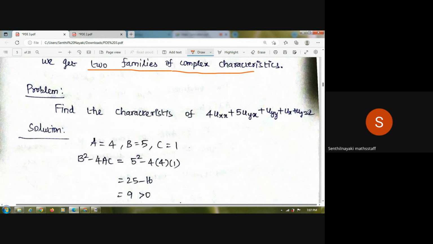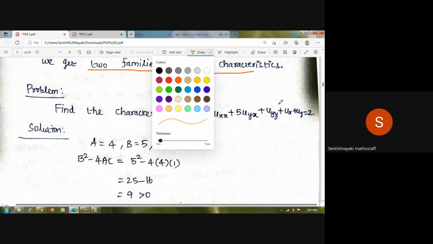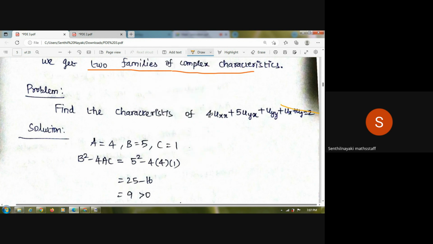Let us consider a PDE, that is a second order PDE, 4uxx plus 5uxy plus uyy plus ux plus uy equal to 2. You don't bother about these three terms. You have to concentrate only on the coefficients of the second order derivatives.